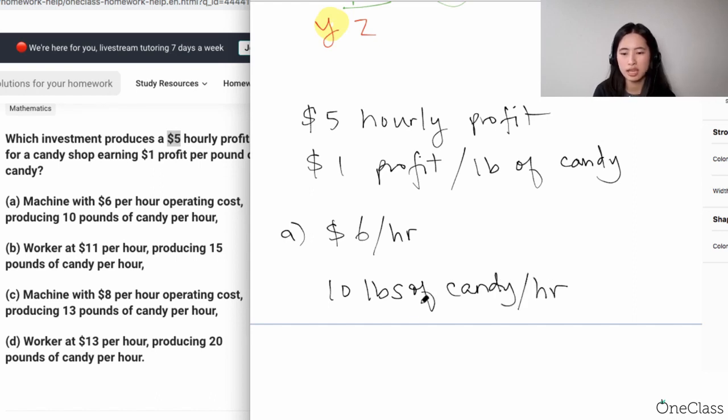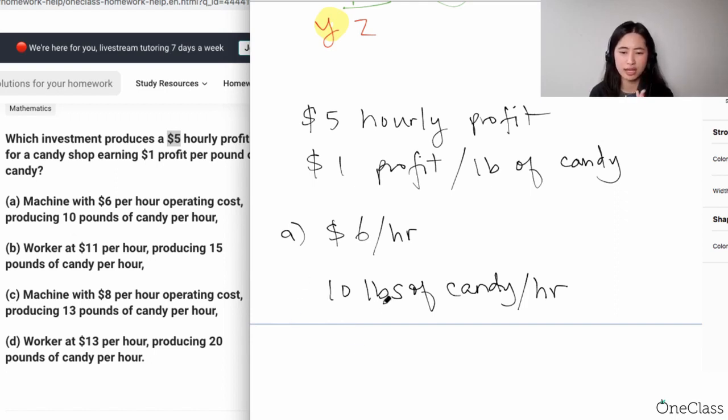As you can see, this is going to be a little bit of unit analysis, because you want to identify your net profit. Basically, that's the question. Net profit is with your operating costs, which is $6 per hour, and then you are able to produce 10 pounds of candy per hour. So when you earn that profit for your 10 pounds of candy.